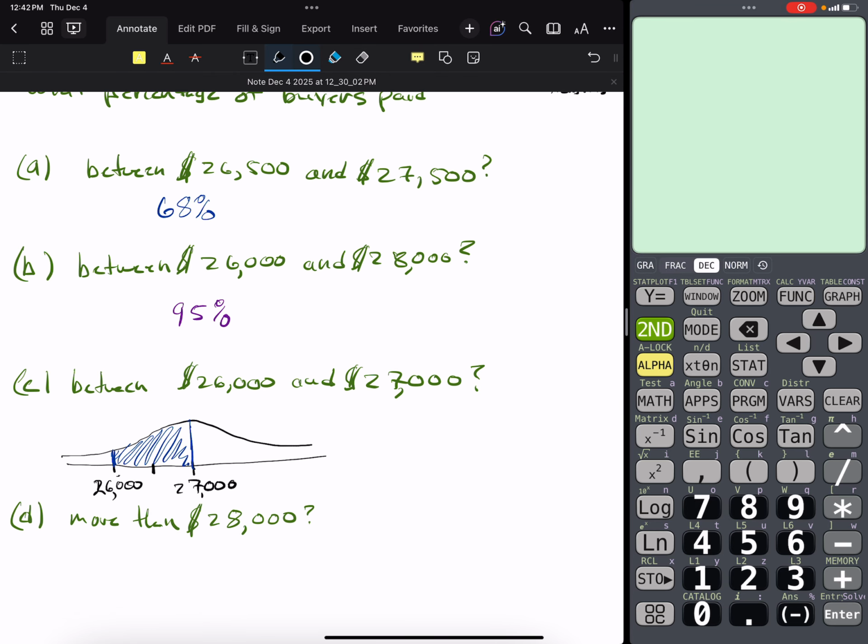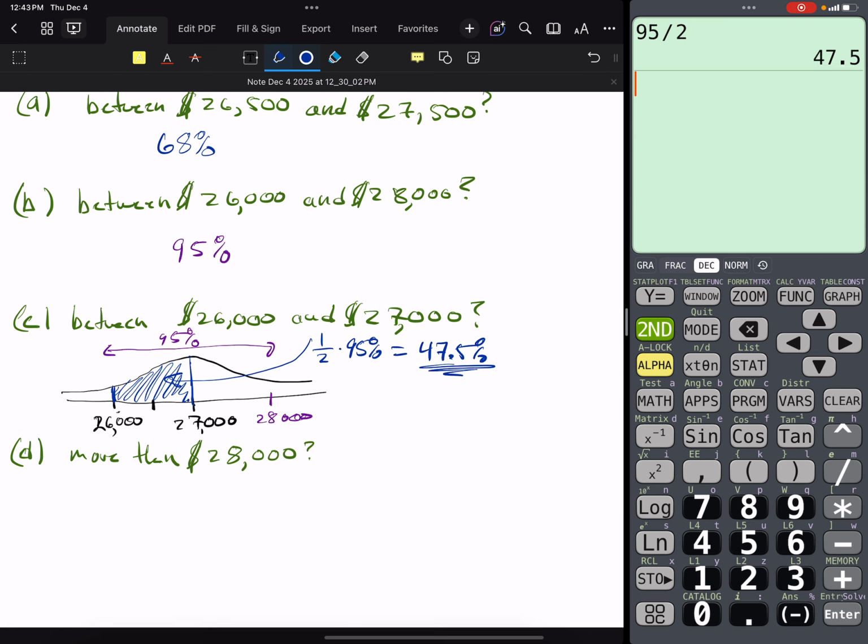So if I went out to 28,000, that would be 95%, and this is 1/2 of the 95%. 47.5% of my data will fall between those 2 values, or my buyers will fall between those 2 values. And you can check my math by doing 95 divided by 2, and we get 47.5. Okay.